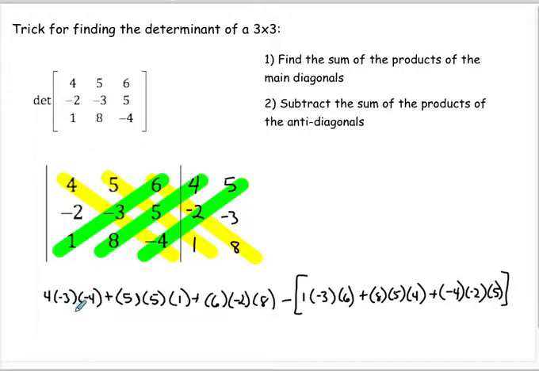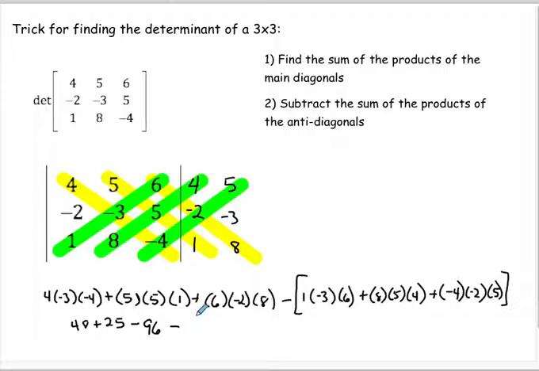So if I do a little arithmetic here, I get positive 12 times 4, that's 48, plus 25, minus, because it's a -2 here, so minus 96.